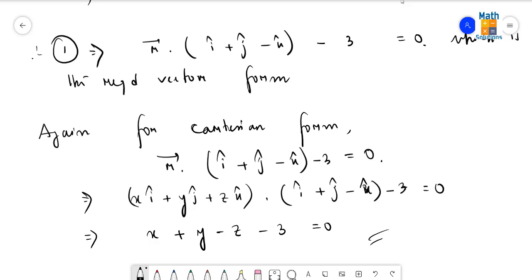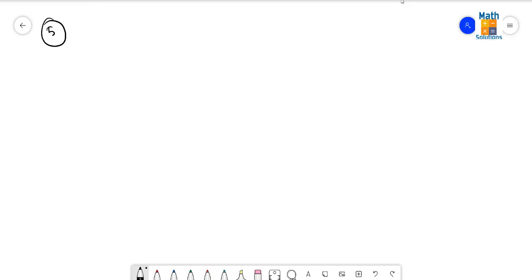So after that, coming to the other part of the question, same question number 5, the second part we are going to do now. What is given?